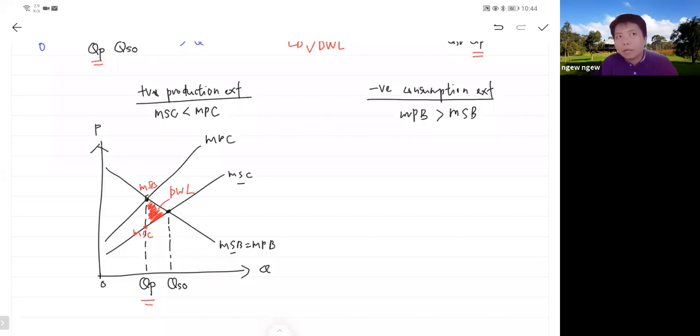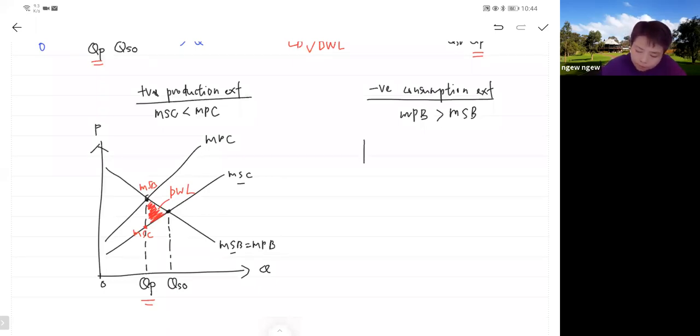And lastly, maybe you're celebrating your 21st birthday and playing your music loudly, inviting all your friends and so on. You are enjoying all the music, but you are bringing sound pollution to your neighborhood, to your community, okay? That could be MPB greater than MSB, okay?